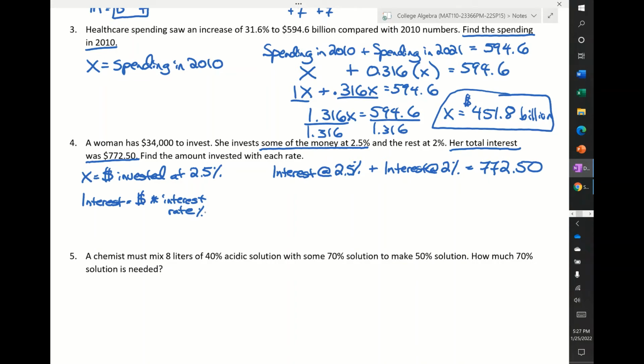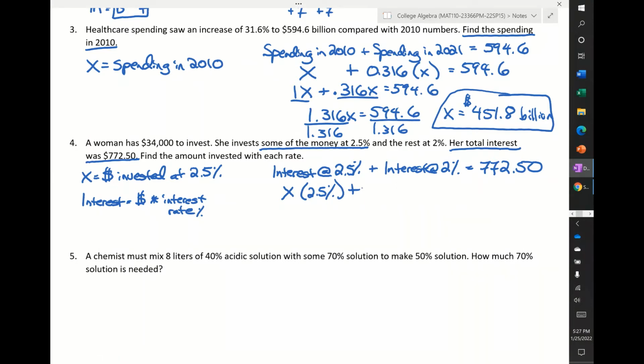So in this case, the amount of interest we have at 2.5% is how many dollars we have times 2.5%. Plus how many dollars we have left invested at 2%.